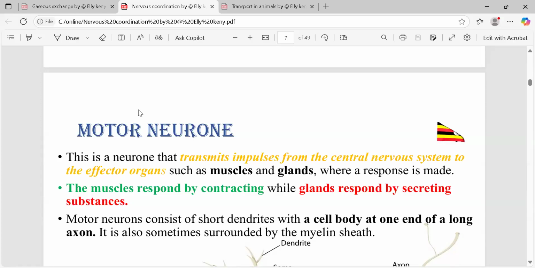We say that the sensory neurons pick the information and take it to the brain for interpretation. And then others pick the information, which is impulses from the brain, to other parts of the body to secrete some fluids like hormones to do something, and someone then runs away.